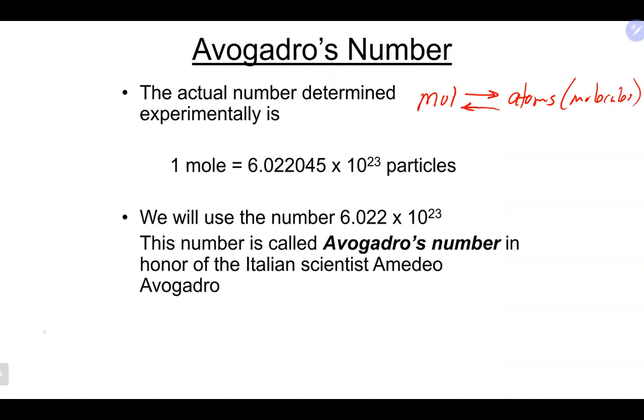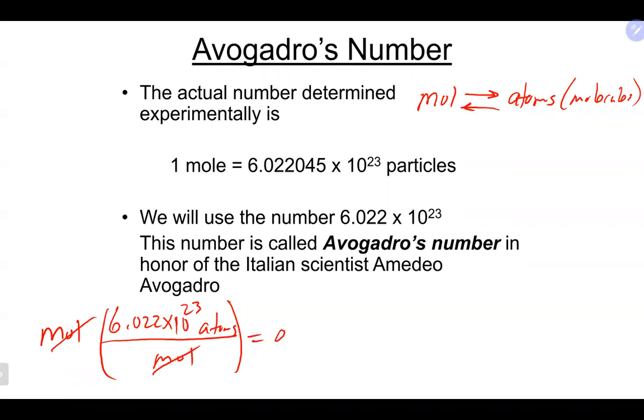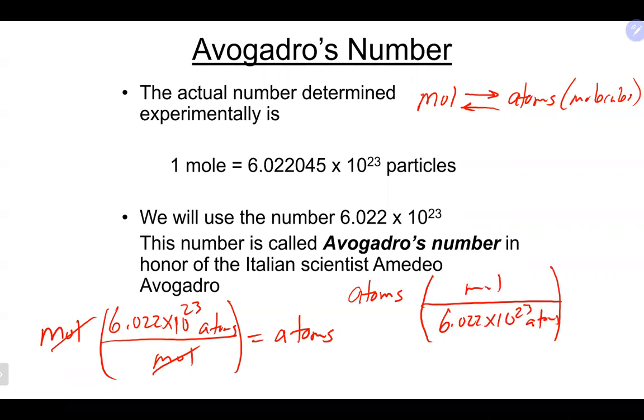So if you started with moles and you wanted atoms or molecules, you would put Avogadro's number up on top and multiply by it, and that would give you atoms per mole. The moles here would cancel and it would leave you with atoms. If you have atoms or molecules you're starting with, you would actually divide by Avogadro's number. So you put Avogadro's number on the bottom, opposite, so that they cancel. Our atoms will cancel and leave you with moles. So it really is a conversion factor to go between those two units.